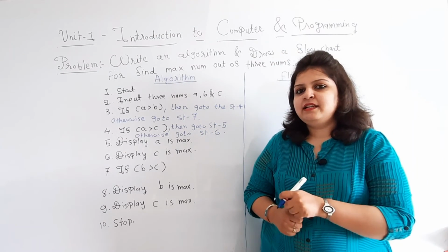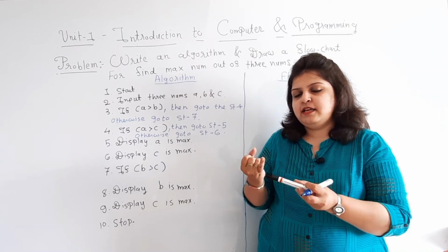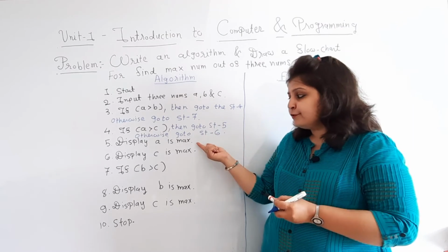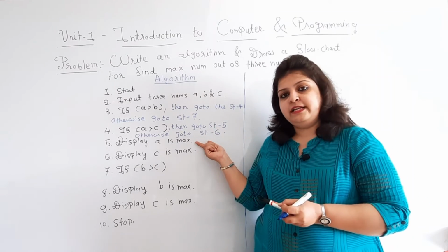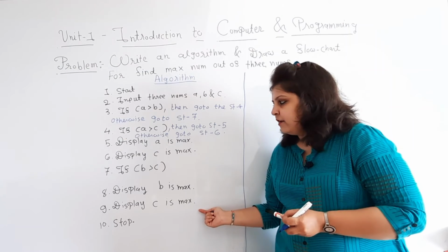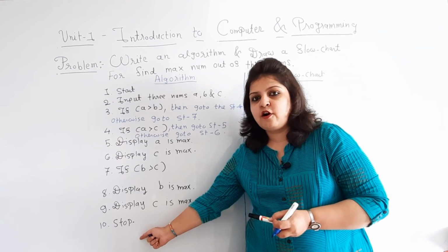Here the possibility of output is a total of 3, meaning either A is max, B is max or C is max. So once an output is displayed, all the other things will be skipped and our control goes directly to statement number 10, and that is stop.